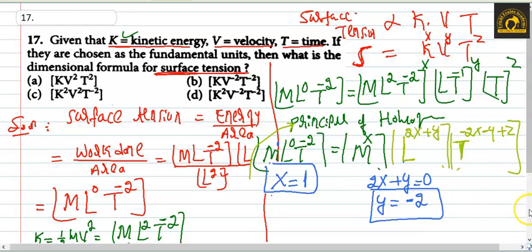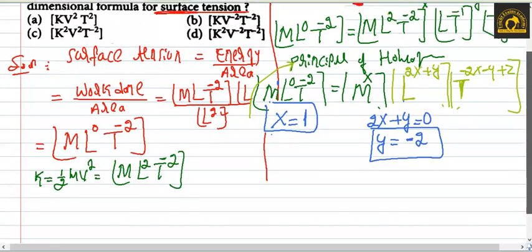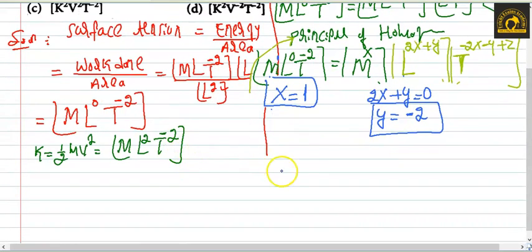In this equation, the x value is 1, 1 into minus 2 is minus 2, minus into minus plus, and the y value is 2, 2 into 1 is 2. Plus z is equal to t to the power of minus 2.